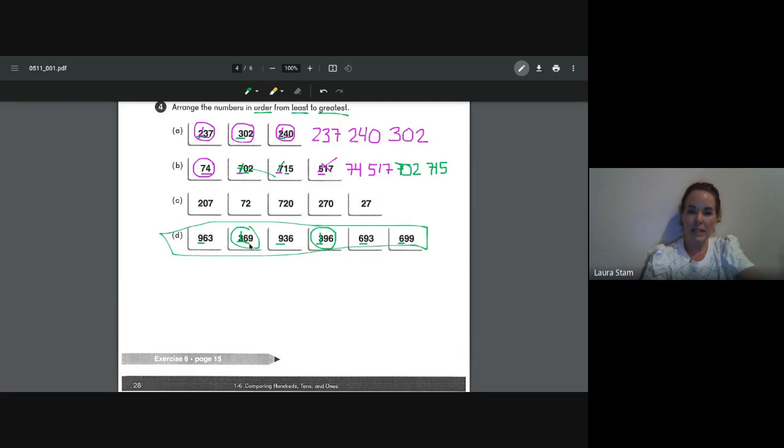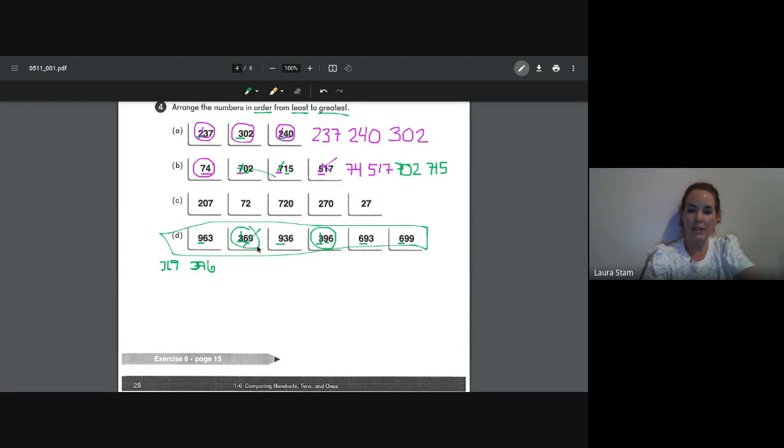Then we've got a 6 and a 9. Well, 6 is smaller, so it's going to be 369. And then 390. Oh, my writing's terrible. Get rid of those. Okay.